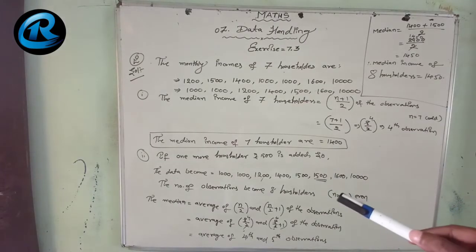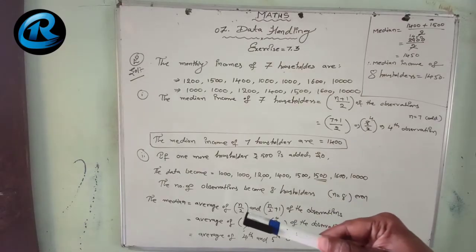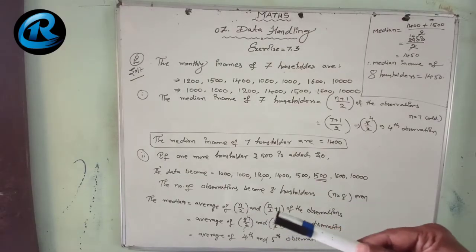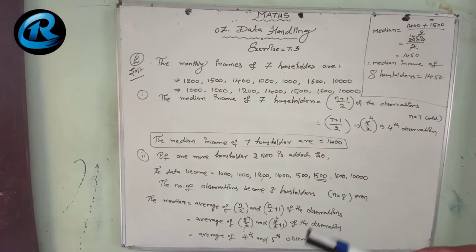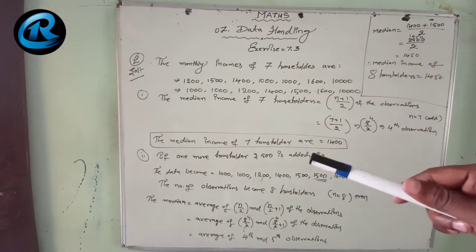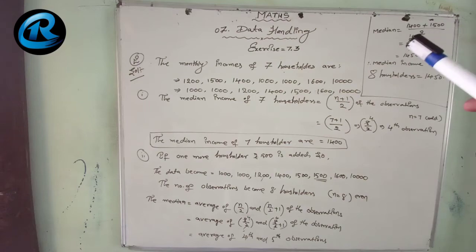If the number of observations is even, the formula to find the median is the average of the n by 2 and n by 2 plus 1 observations. That becomes the fourth and fifth observation average. So the average of 1400 plus 1500, the fourth observation is 1400, fifth observation is 1500, by 2. So we got 1450 rupees as the median income of the 8 householders.